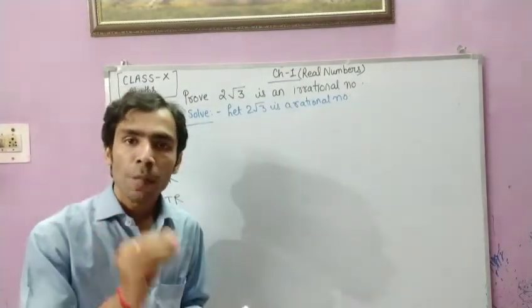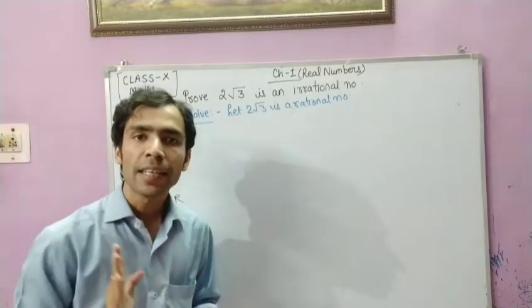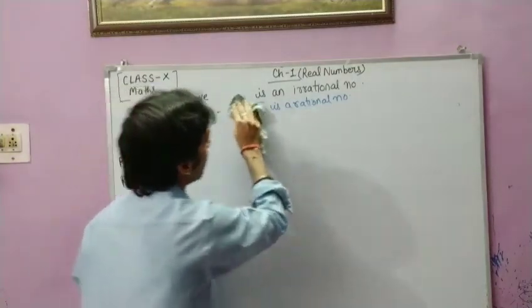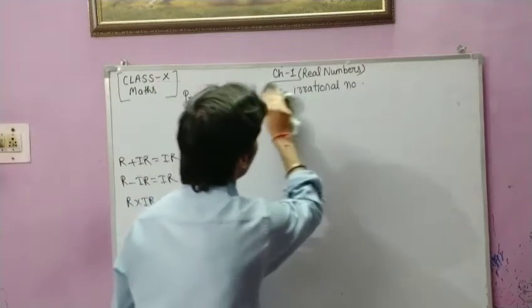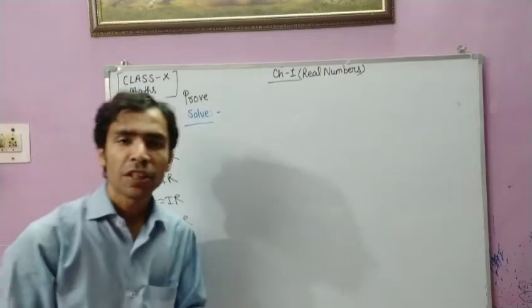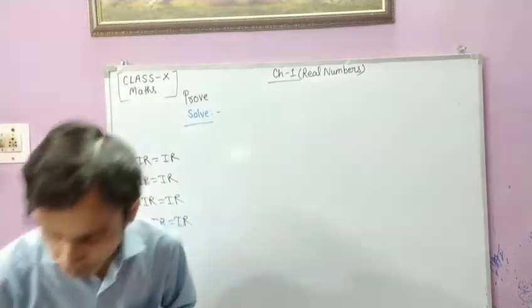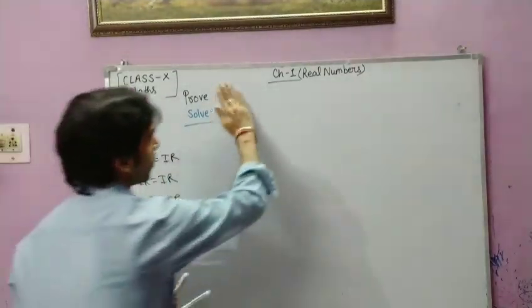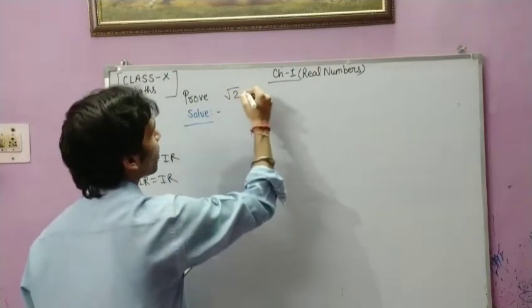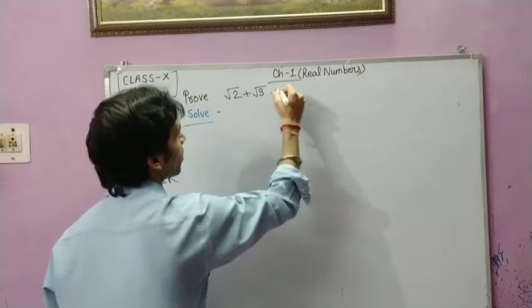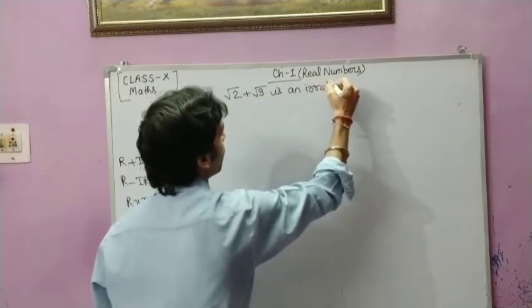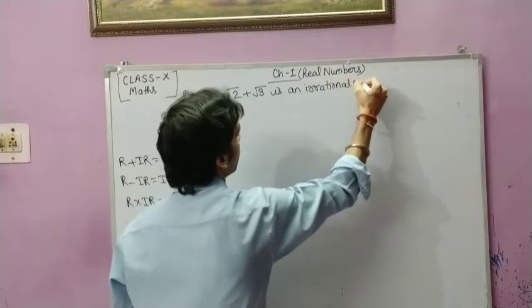Here I can change the question. The combination of rational and irrational is also an irrational number, provided some condition. Now suppose you have to prove root 2 plus root 3 is an irrational number.